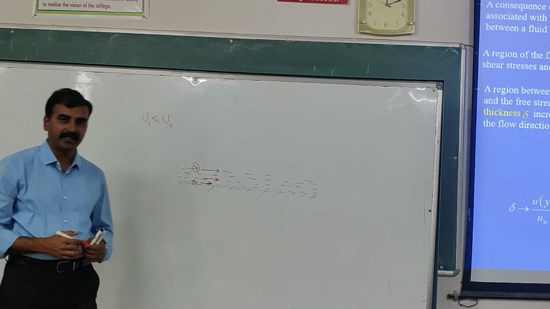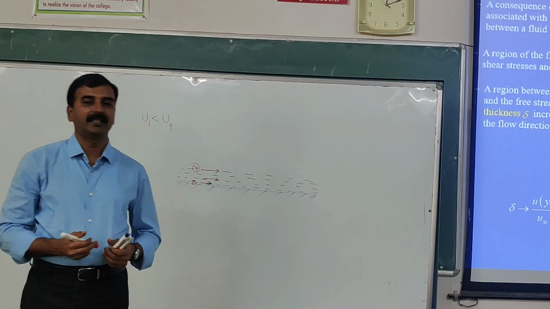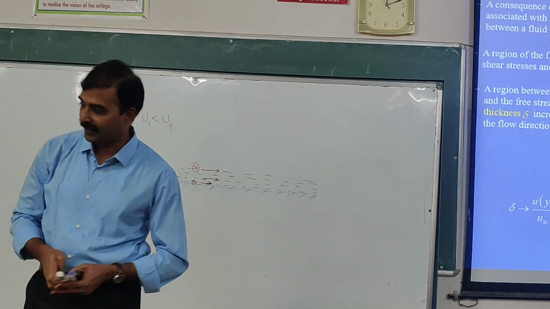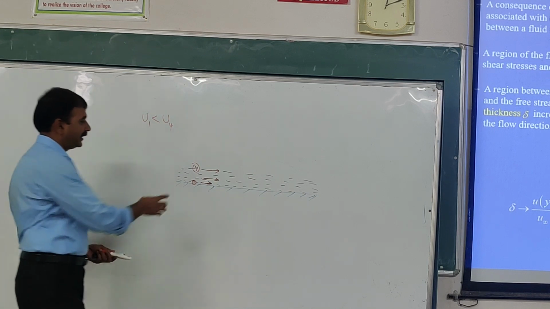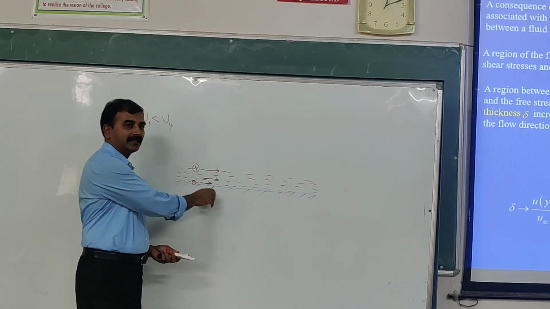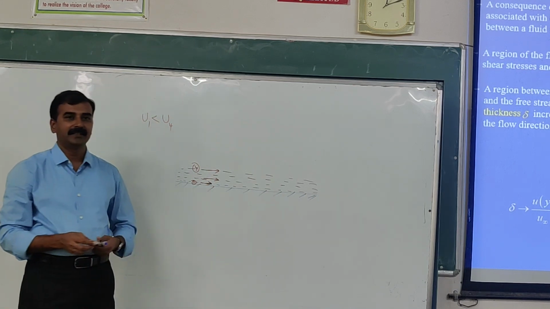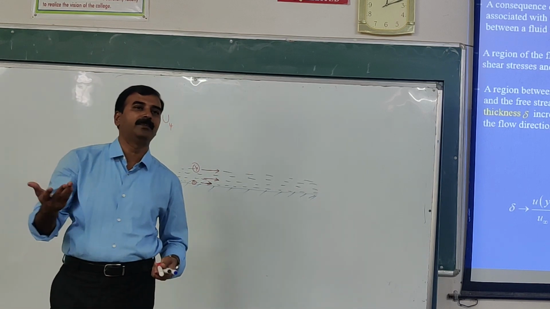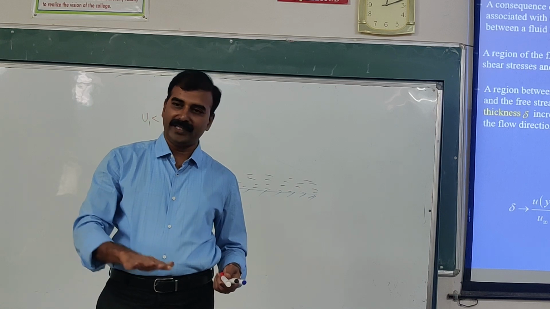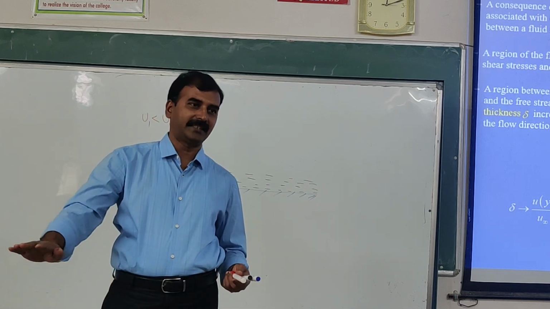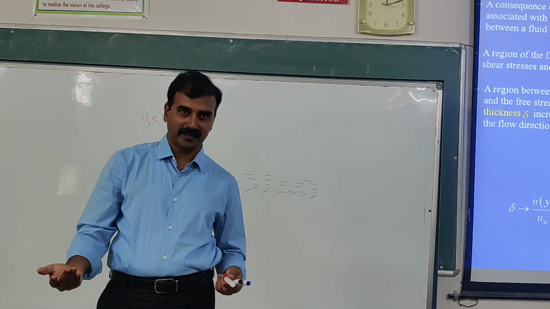Why? What is the reason? The reason is simple, right? The resistance offered by the surface over which it is flowing. There is something called the no slip condition. The bottommost layer, in fact, sticks to the surface because it is very rough, right?